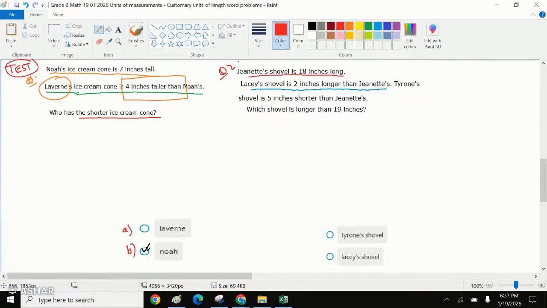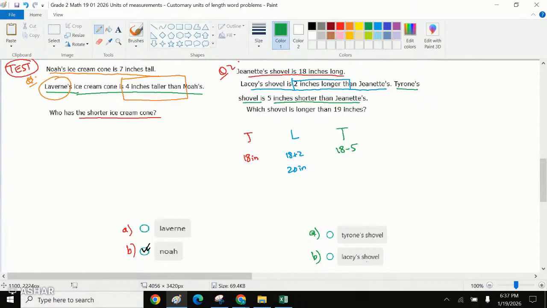So if Janet's shovel was 18 inches, then Lacey's should be 2 inches longer. Tyrone's shovel is 5 inches shorter than Janet's. That means 18 minus 5. Option A or option B?